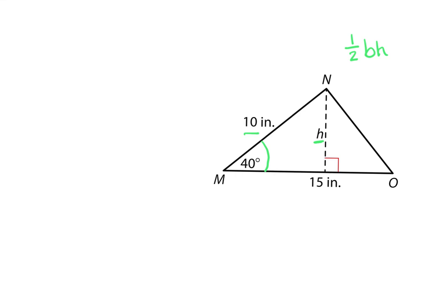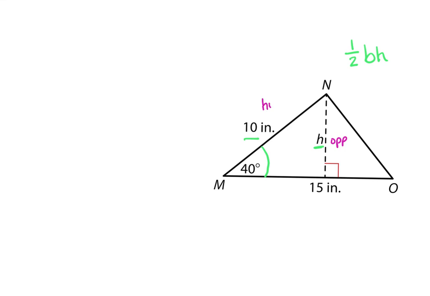So I'm going to label the triangle based on that 40 degrees. If I label it, the height that I am looking for is opposite. The hypotenuse, the 10 inches, is my hypotenuse here. So which of my three trig functions deals with opposite and hypotenuse?